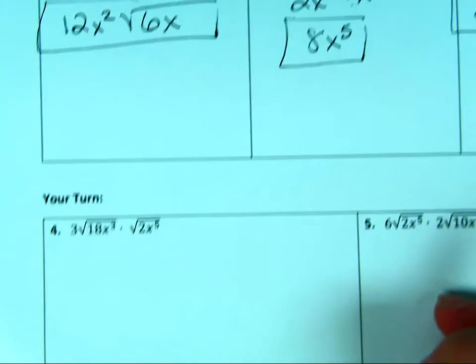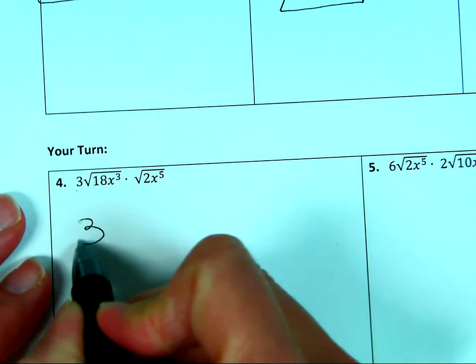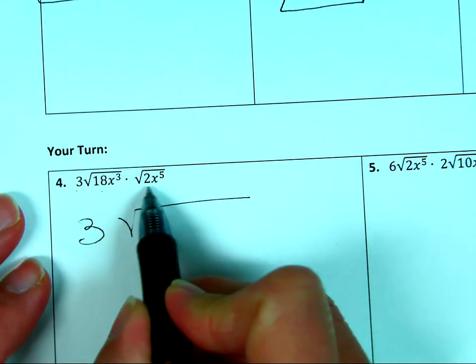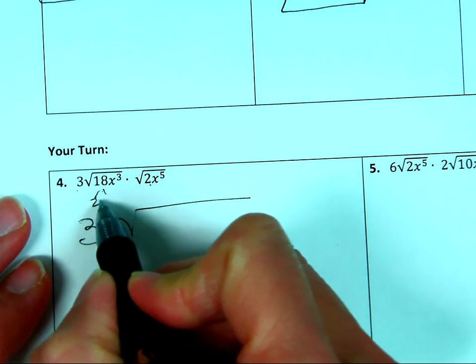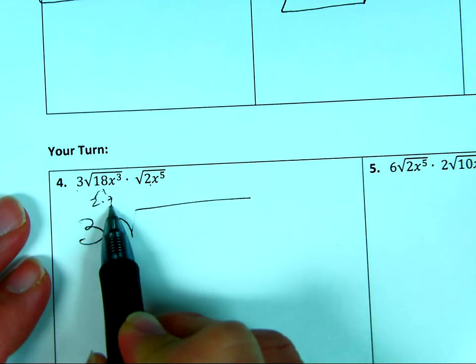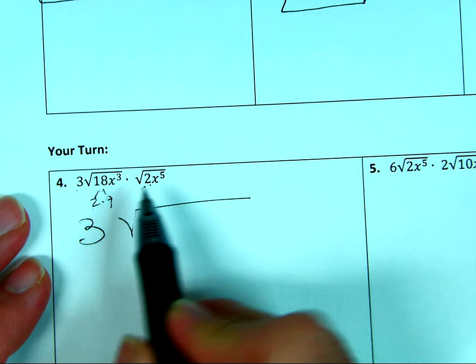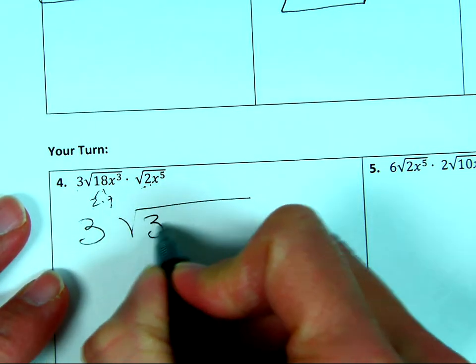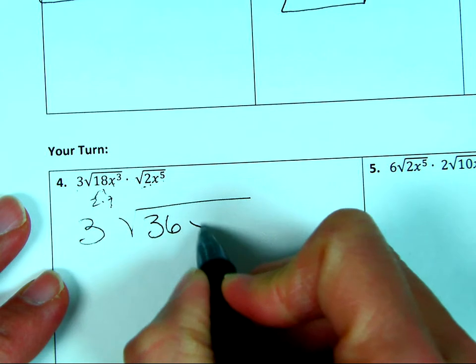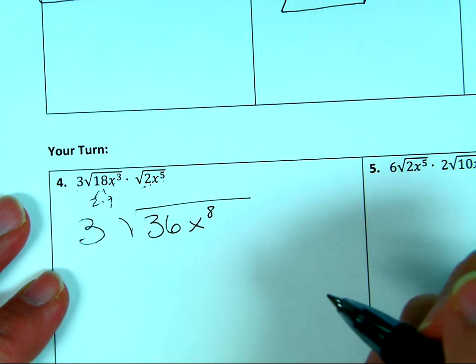Okay, a couple more. So the only thing on the outside is 3, and then I look at my 18 and 2. So you can do it a couple ways. You can look at that and say, oh, that's 2 times 9. Oh, the square root of 9 is 3. Oh, there's 2 2's, so that's going to be the square root of 4. You can do it that way. Or you can actually multiply 2 times 18 and get 36, and x cubed and x to the 5th is going to be x to the 8th.